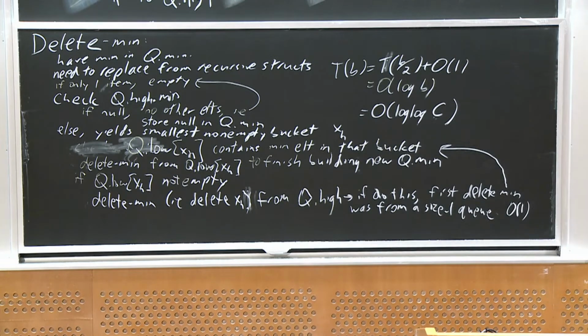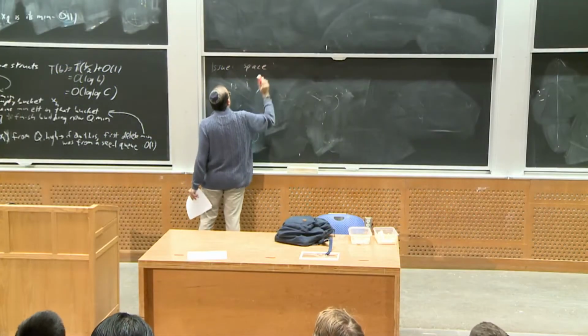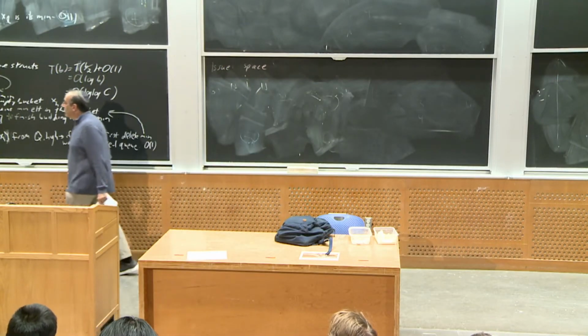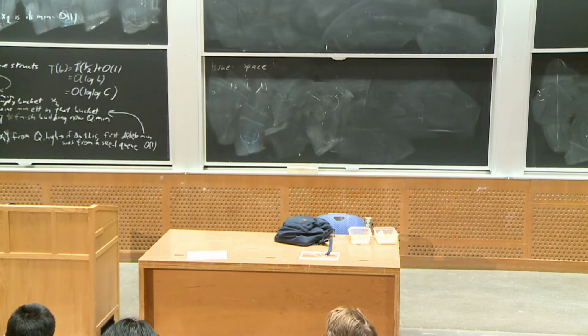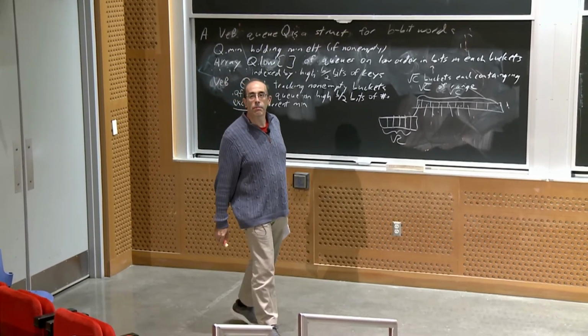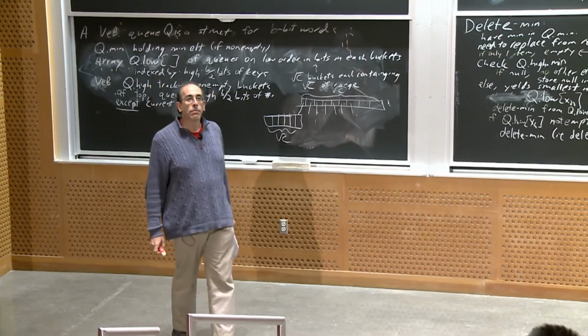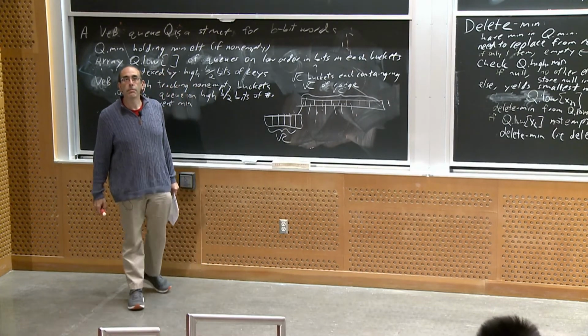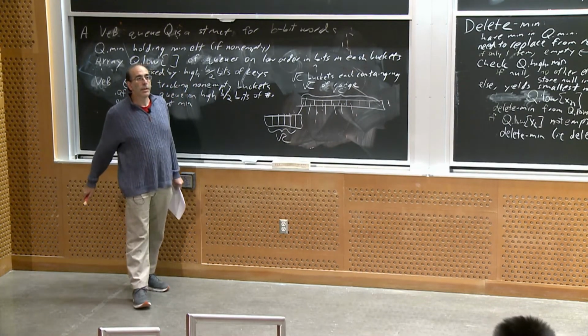Okay. Now, there is an issue with Van Emde Boas queue space. So how much space do I need to represent this data structure that I described for you? Yes?